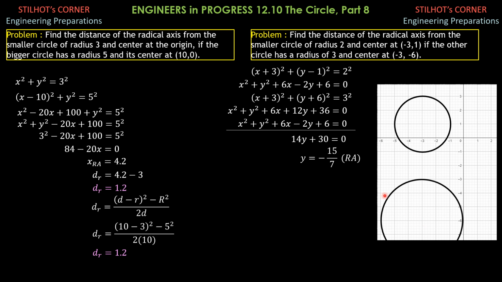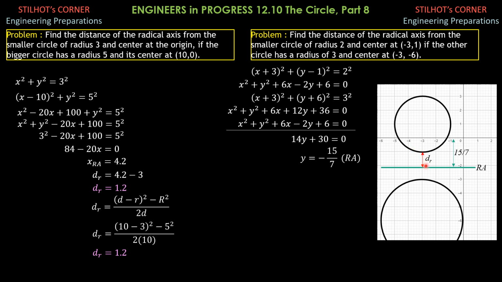So the radical axis has equation y equals negative 15 over 7. That's slightly greater than negative 2. So somewhere there is the radical axis. And the distance of the radical axis from the x-axis is 15 over 7 as shown.